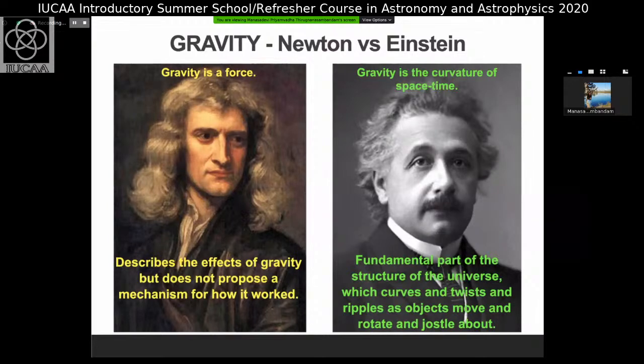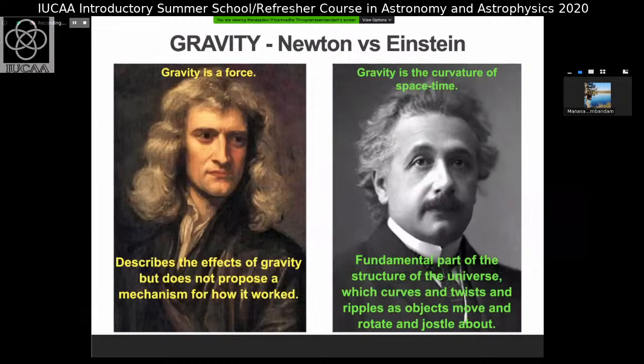What happened after that is Einstein came up with his theory of relativity. He described gravity as a fundamental part of the structure of the universe itself, and it is actually a curvature of the space-time fabric.